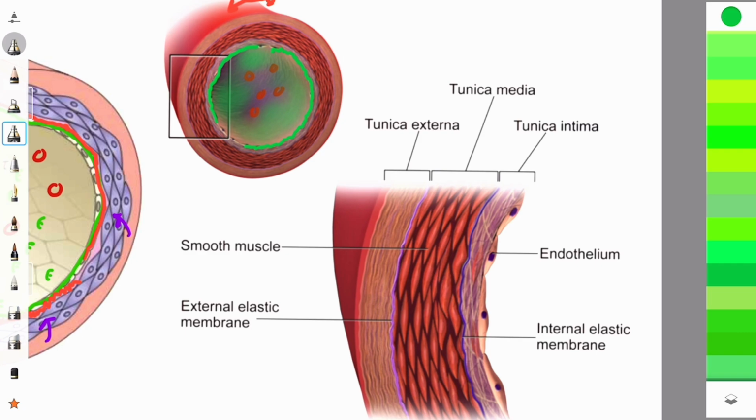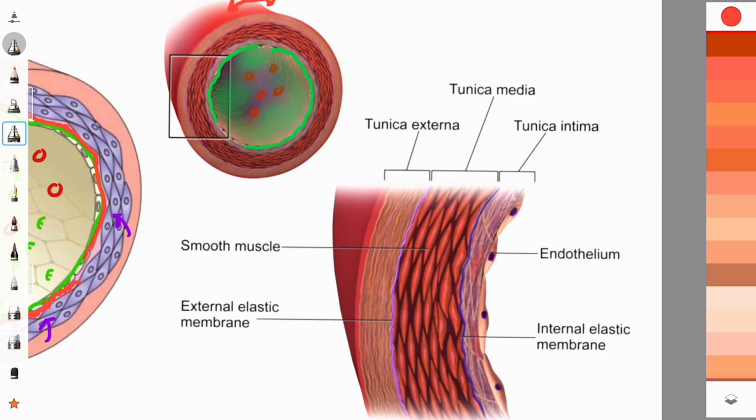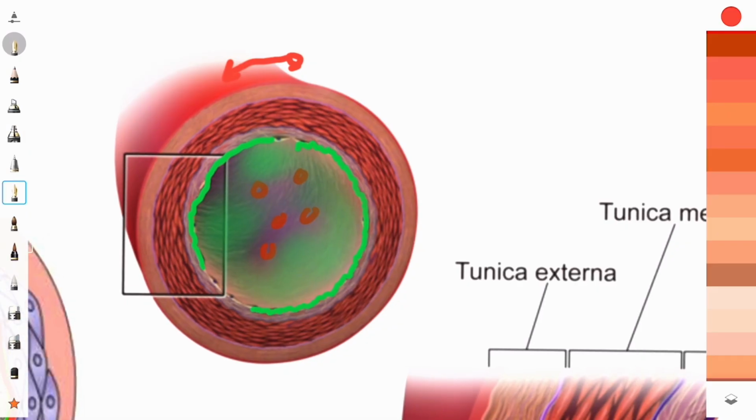And then we have this small little space called the intima. I did that in orange. Here is the intima. It's right on the outside of the endothelial cells.